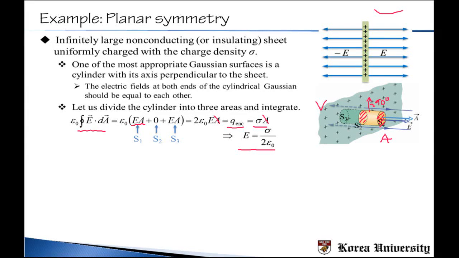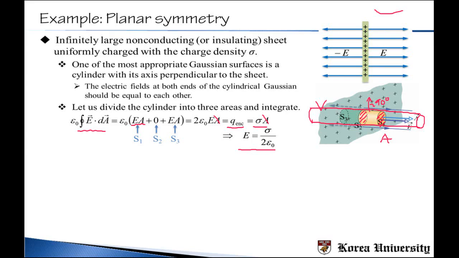Okay, here, there's one important thing you have to realize. In this case, E does not depend on the distance from the sheet. Why is it? Actually, think about it. If you make this Gaussian surface much more elongated like this, does the calculation change? Actually, nothing changes because the sidewall doesn't matter.